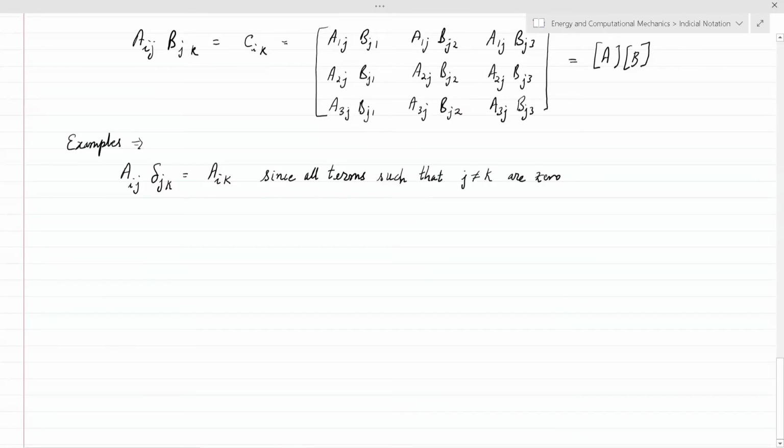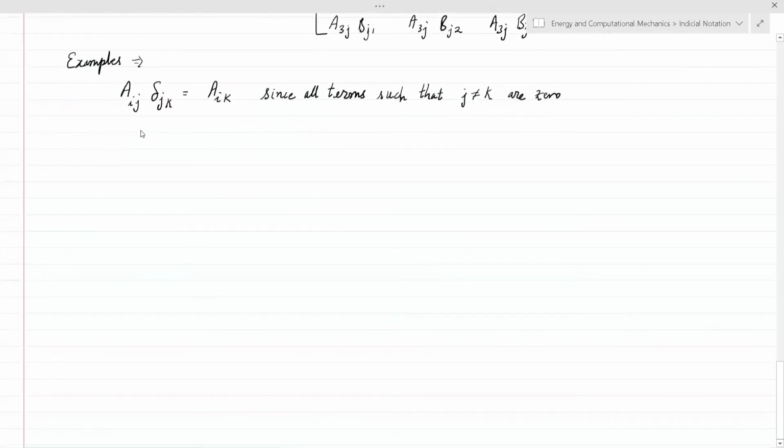Here I have another example, and I want to show you something cool. A_ij times delta jk, and you can see here j is repeated, and delta is the canonical symbol, the Kronecker delta. So j is repeated, and I have a_ik, that's going to be equal to a_ik, and you can do it yourself at home to check that.